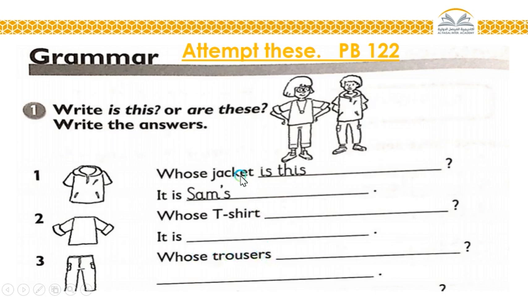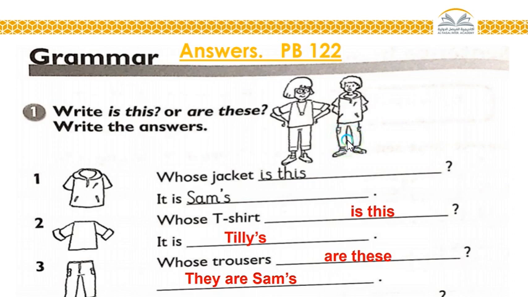So you must have are these, because you have two legs. Plural. Whose trousers are these? Now your answer will be what? They are Sam's. Alright? So when you're done, you check the next page for the answers.